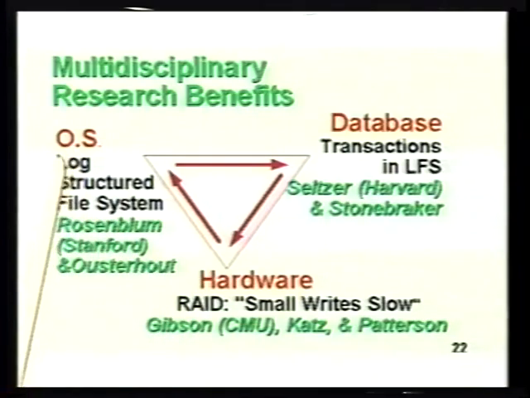Well, this inspired the operating system people, particularly Mendel Rosenblum, who's an assistant professor at Stanford University, and John Osterhout, to start thinking about what a file system would be like that didn't do small writes. They came up with the idea of making the writes go as fast as the disk could accept them. So instead of doing accesses, it's just writing without moving the head. It writes a stream or a log of the updates rather than updating in place.